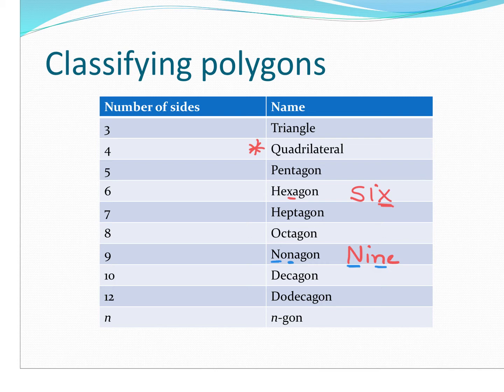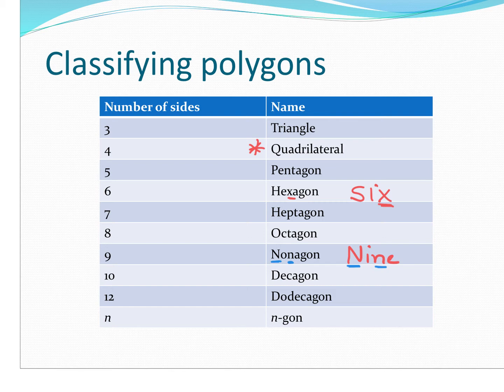The 10-sided figure is called a decagon. I think of a decade as 10 years, so same prefixes, so decagon is 10. Now notice they jump over 11. You're not going to be required to memorize the name for an 11-sided figure, but you do need to know that a 12-sided figure is called a dodecagon.